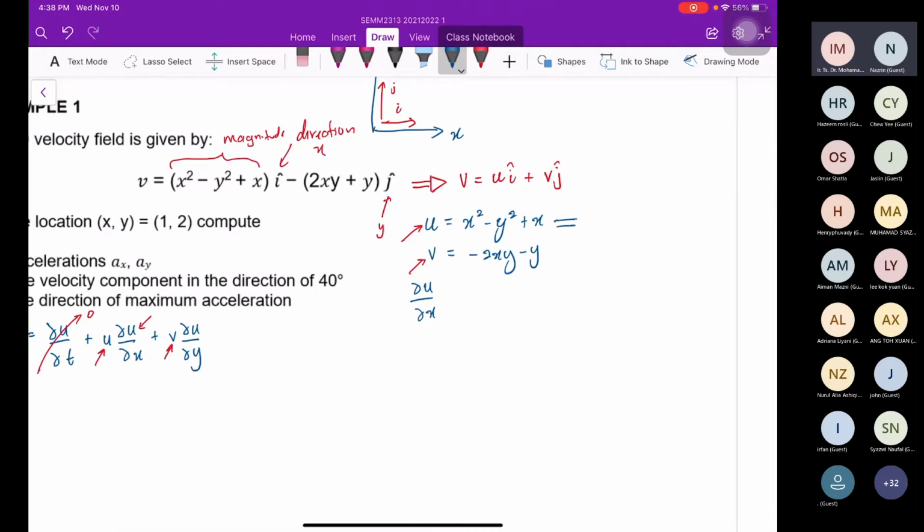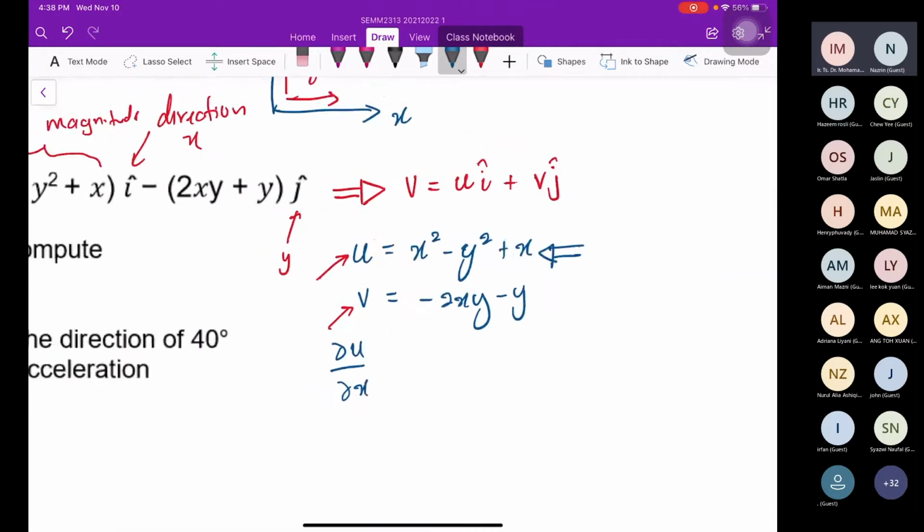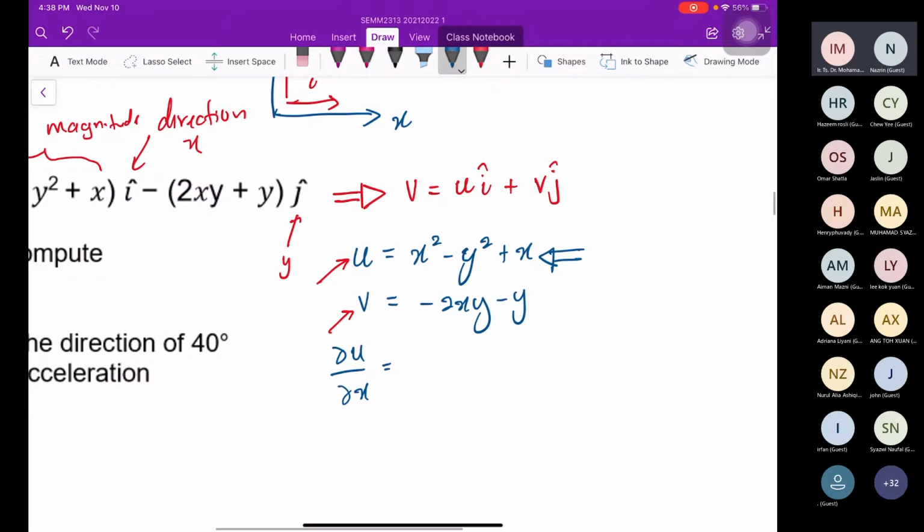I try to differentiate in terms of x. When it is in terms of x, the others will be constant. So for 2x, negative y squared, you differentiate, what do you get? Differentiation of negative y squared.